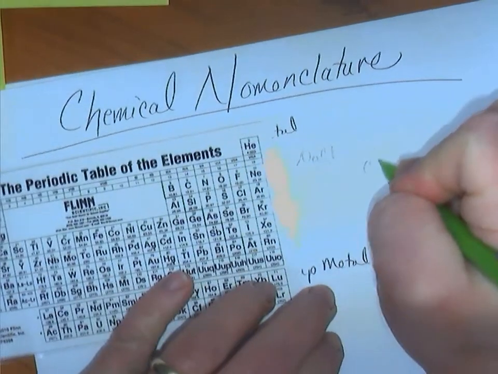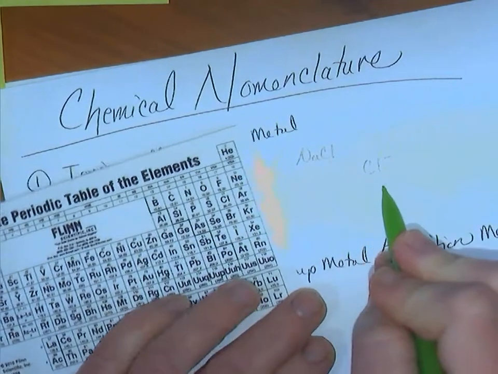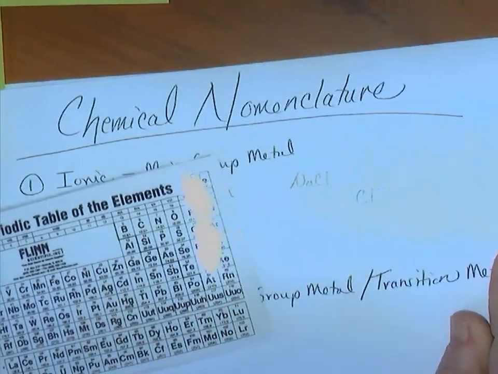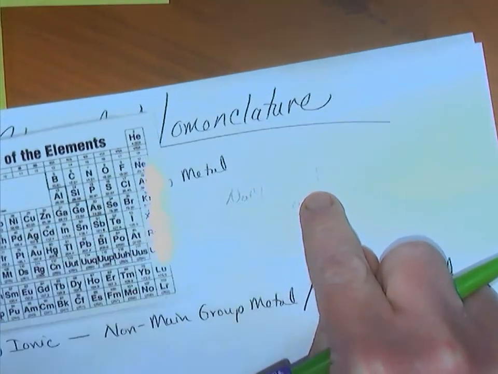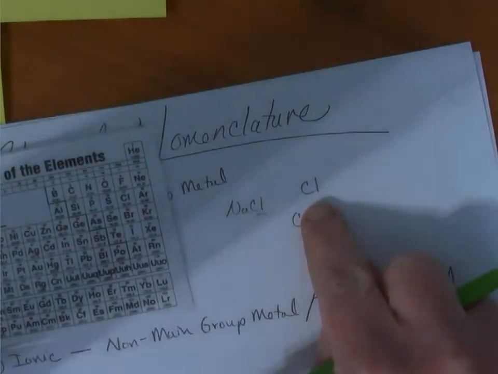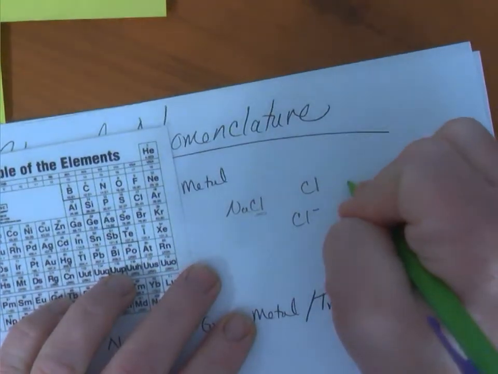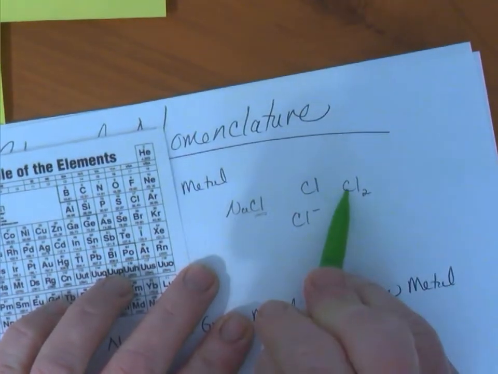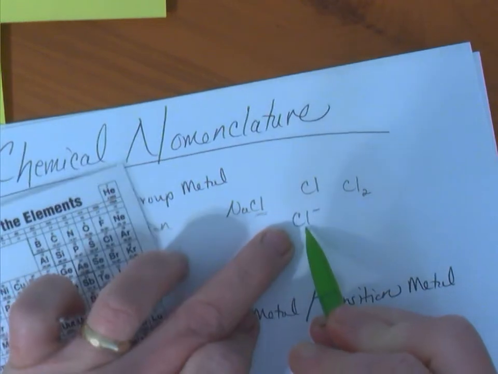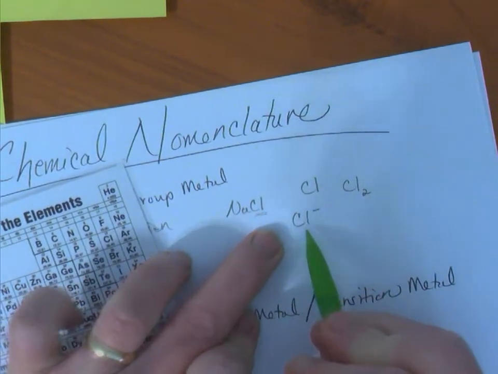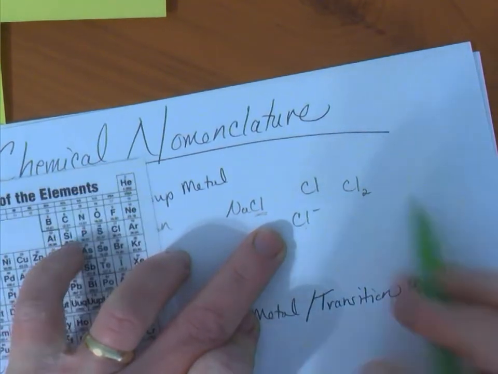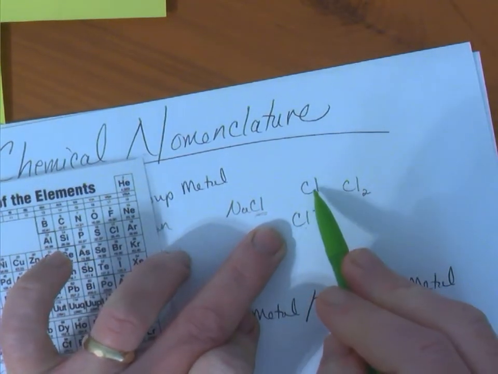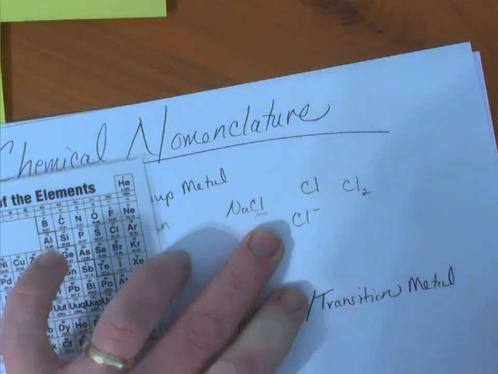This is not chlorine. Chlorine would be Cl, atom of Cl. Or we also call that chlorine. This is the chlorine atom that has taken on an additional electron to be a -1 charge. So we cannot name it like we do these because this has very, very different properties.